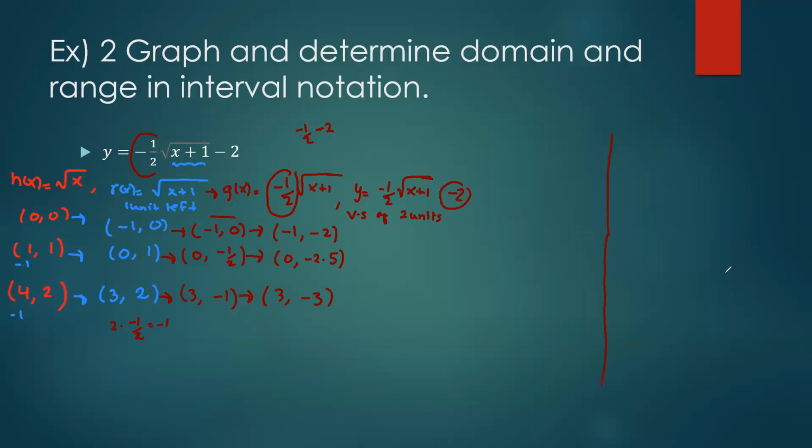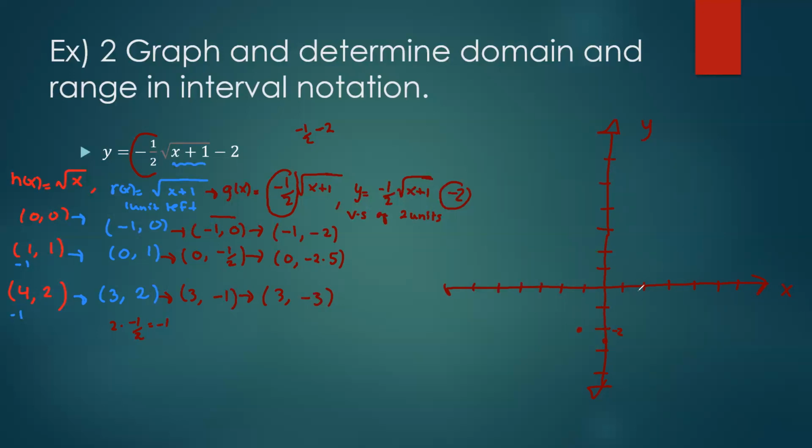I don't know why this doesn't have a graph. I'll just make one. We're going in increments of 1. -1 comma -2 is right here. 0 comma -2.5 is right about here.